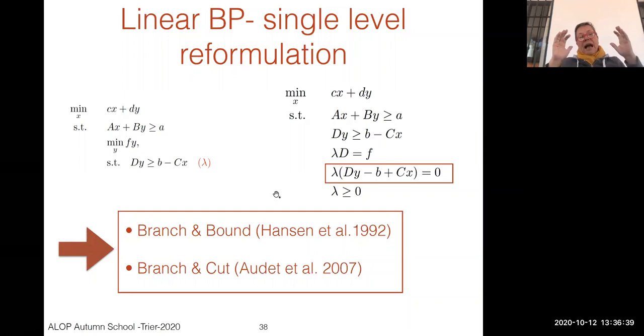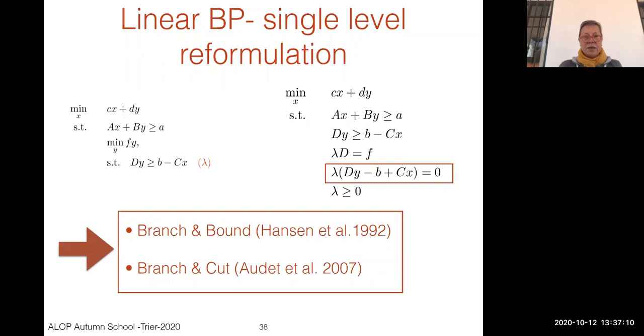So I can reformulate the condition saying that Y is optimal for that LP by saying that I have also a vector lambda satisfying those constraints, and such that those complementarity constraints are satisfied. This is equivalent. And in this way, now I have a single level optimization problem.